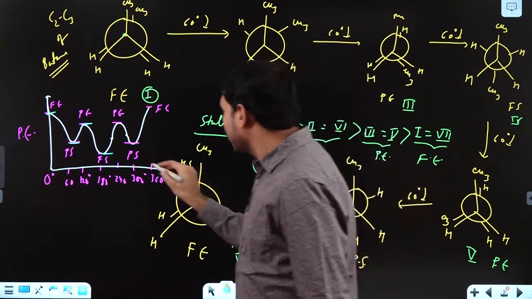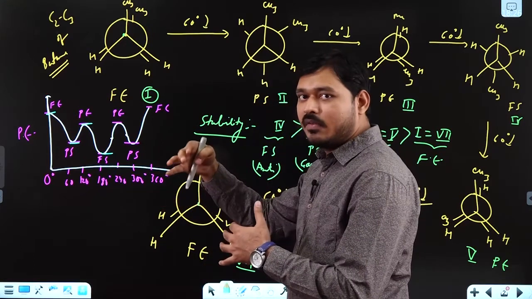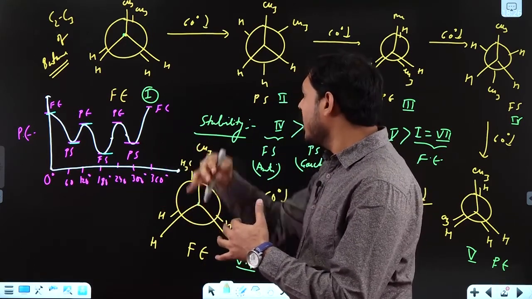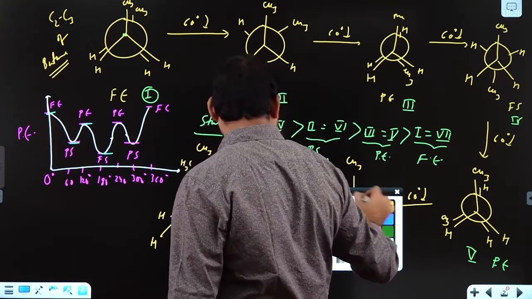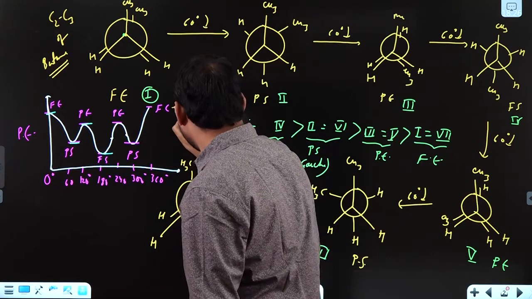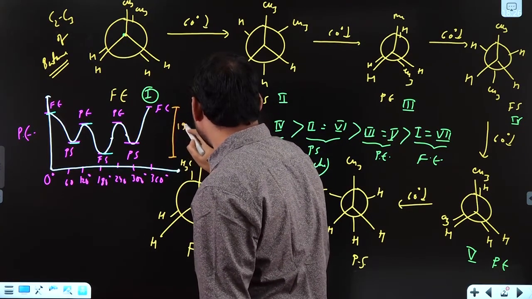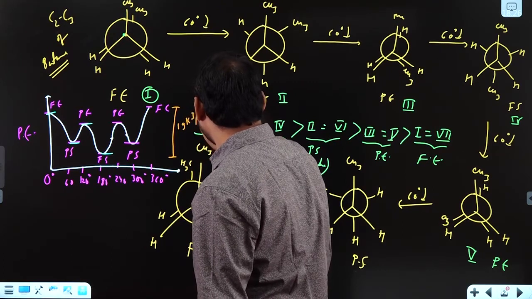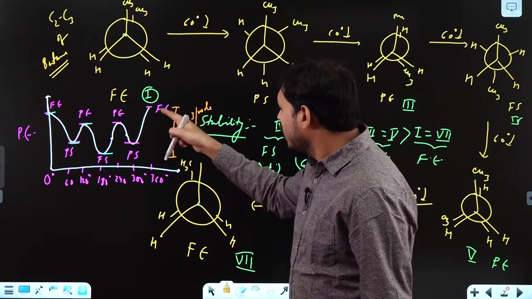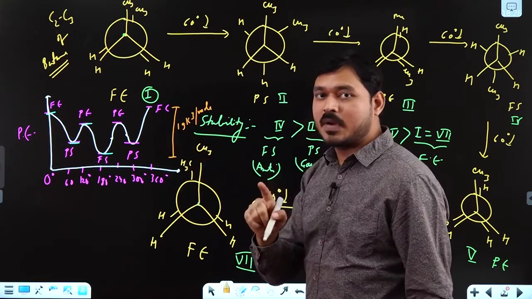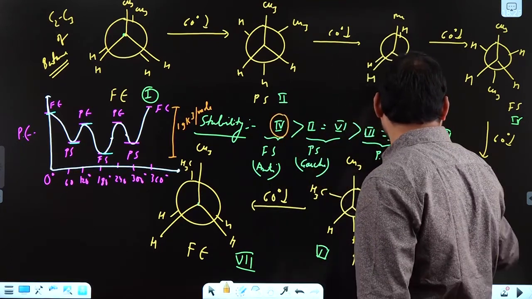With respect to fully staggered, the energy barrier between fully eclipsed and fully staggered is approximately 19 kilojoule per mole. You have to remember fully eclipsed to fully staggered 19 kilojoule per mole, because they are far apart in stability.